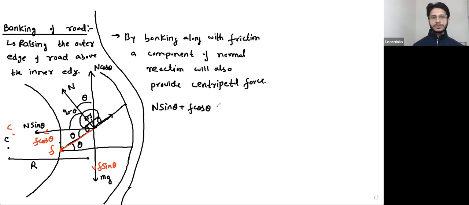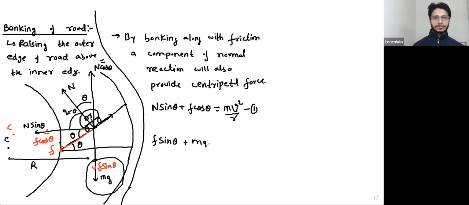You can say that this is equal to centripetal force, which is mv square by r. That's my first equation. This N cos theta will balance these two terms, f sin theta plus mg.